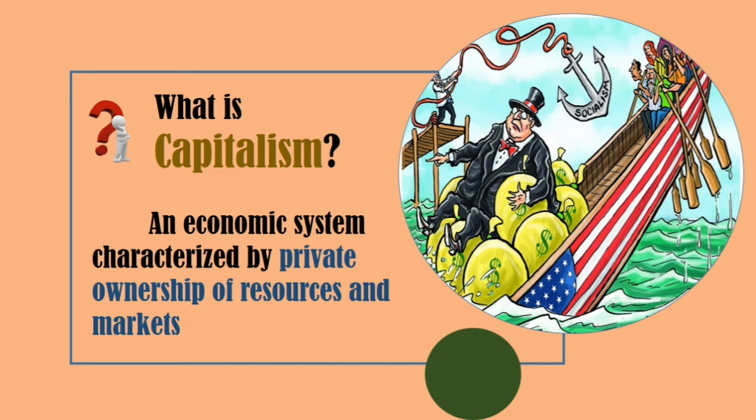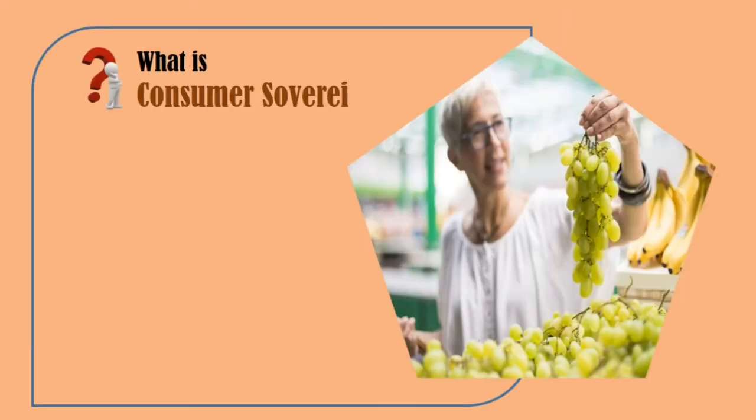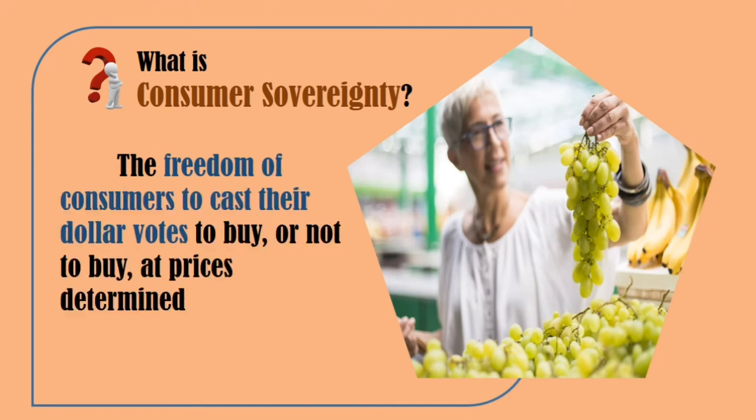Now let's have the concept of capitalism. This is an economic system also characterized by private ownership of resources and markets, meaning the production of goods and services are in the hands of private individuals or capitalists, so as the markets of these products and services. As a result, the concept of consumer sovereignty existed also.